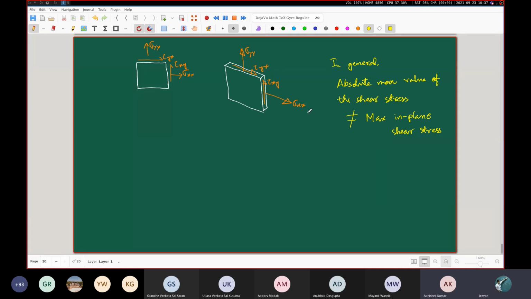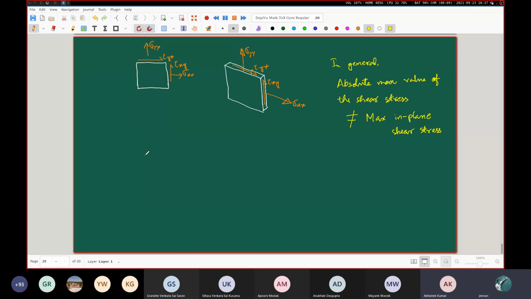And we had seen that the maximum in-plane shear stress was R. Now, what was this R in terms of the principal stresses? A quick question. I will not go back to that slide because if I show that slide, everyone will answer.